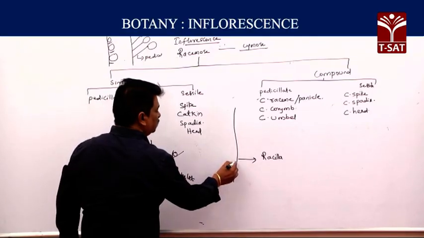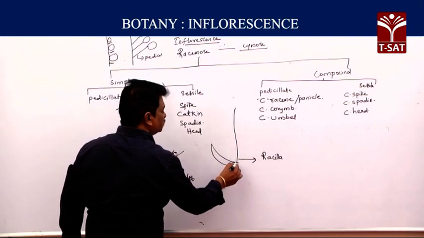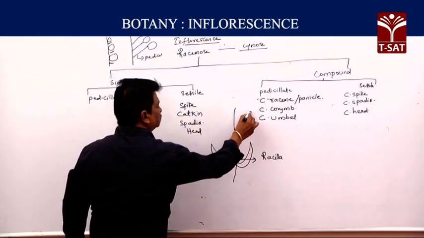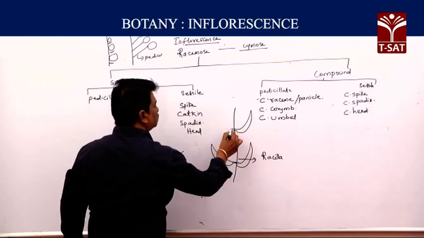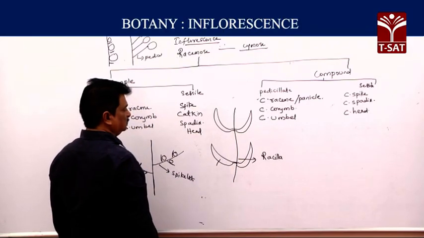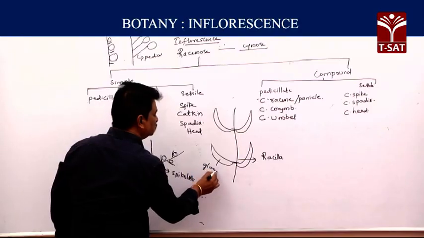And on this rachilla, several bracts are present. Bracts present on the rachilla are called glumes.